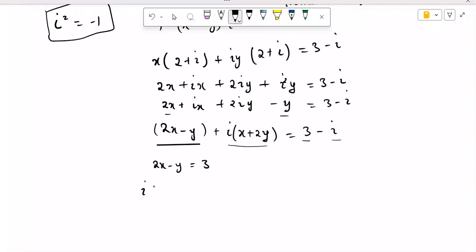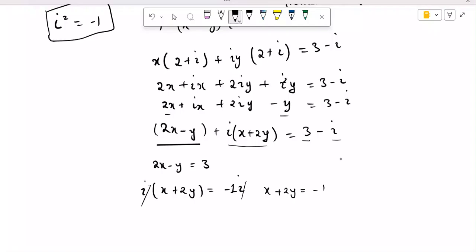Then you can say i times x plus 2y equal to -i. So i is common, you can cancel out the i. So this equation now becomes x plus 2y equal to -1.